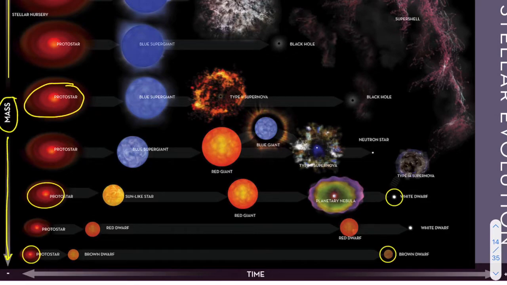A larger mass of a protostar eventually dies and creates a black hole.